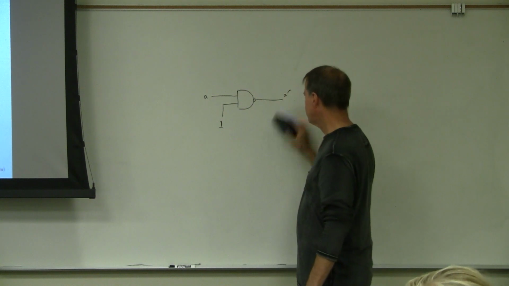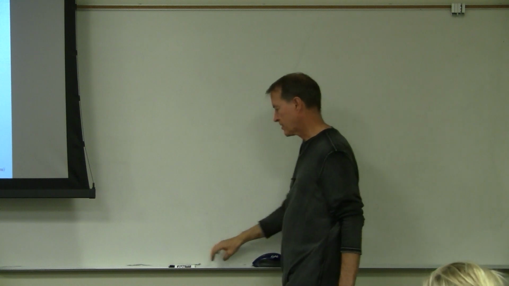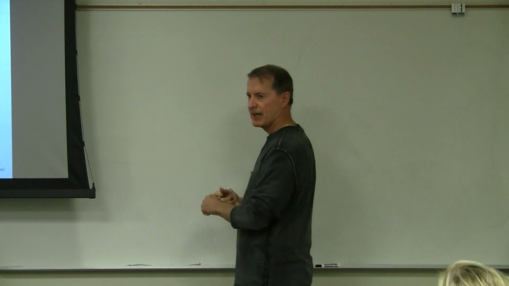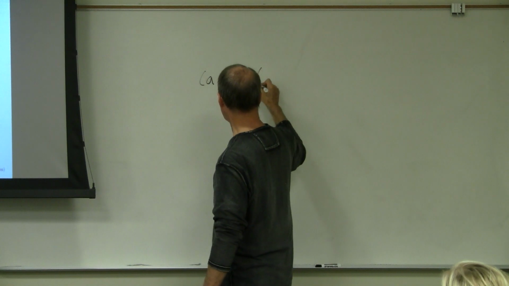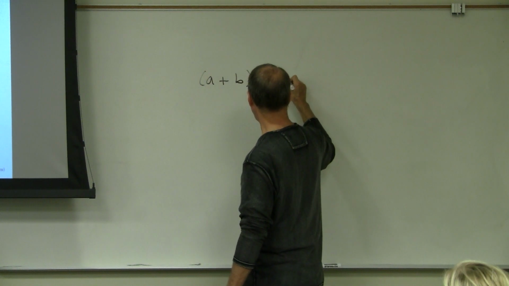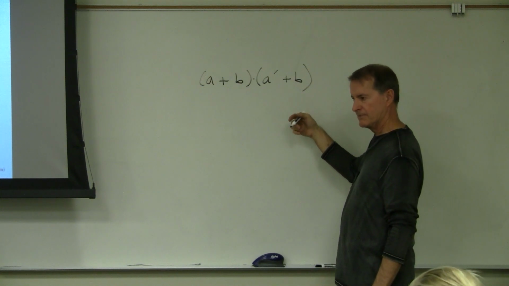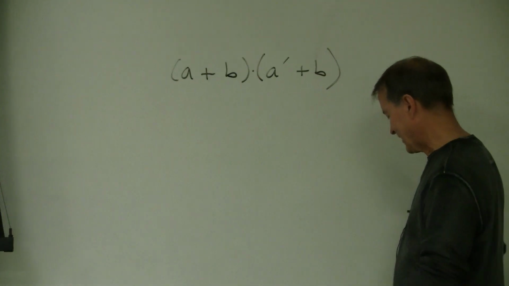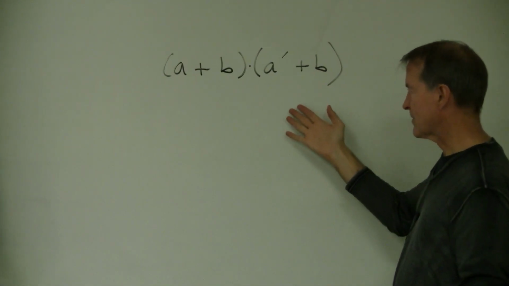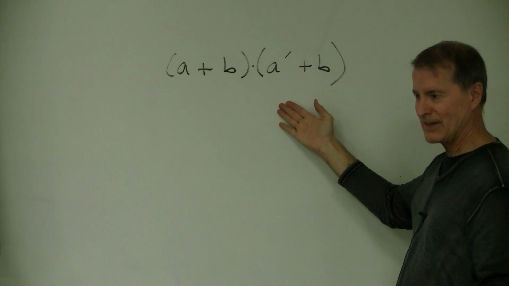Okay? Now, there's one more thing I want to mention, a little tip about your homework. If you ever have an expression like this, let's say you have (A or B) and (A prime or B), and you want to get rid of the parentheses, here's what's cool about the way they represent the operators and the precedence in digital logic design.